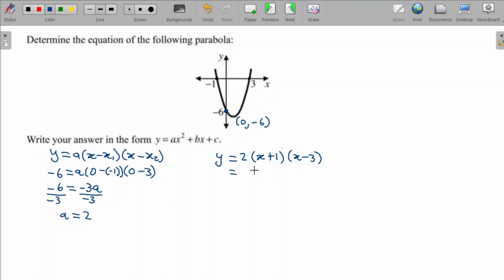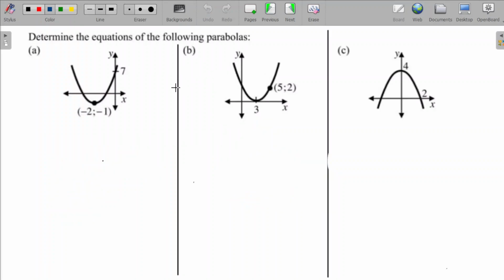From here it's going to be 2 into, then we open the bracket, x² − 3x + x − 3, which equals 2(x² − 2x − 3). Then multiplying, we get 2x² − 4x − 6, and this is going to be our equation of the parabola.